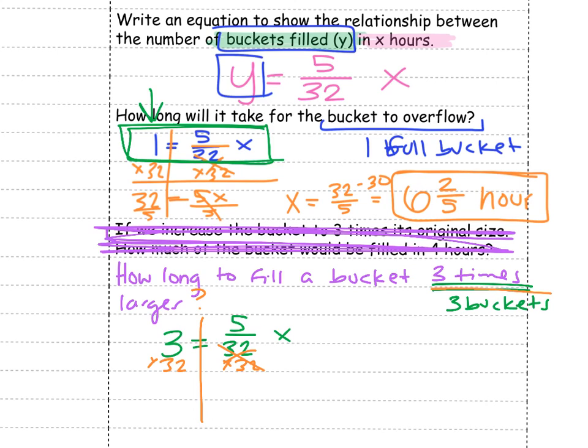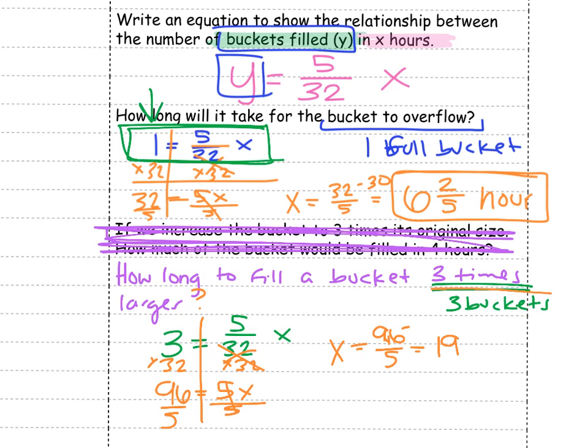So we have 96 equals 5x. Divide by 5 on both sides. So we get x equals 96/5. Now, 5 goes into 96. That's 19 times.